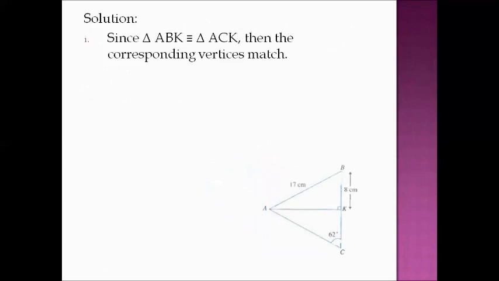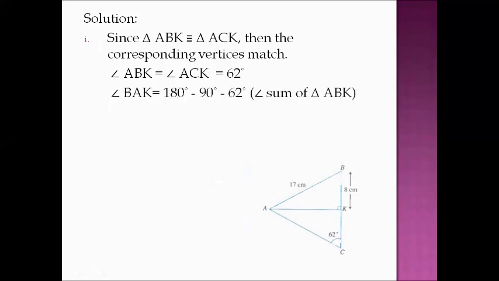As the triangles are stated to be congruent, we need to figure out the corresponding vertices. Angle ABK is equal to angle ACK. If this is 62, then this is also 62.